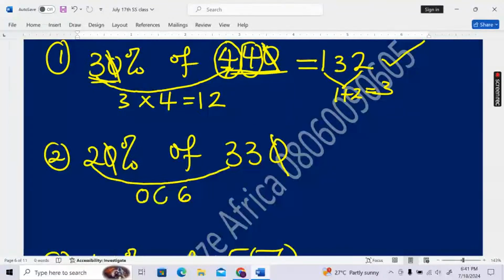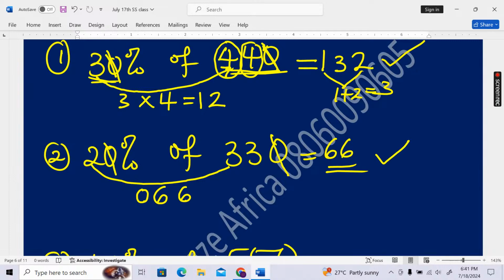That gives me 6. I'll write 6 at the middle. So the answer is 66. So 20% of 330 is equal to 66. So that is the answer to this.